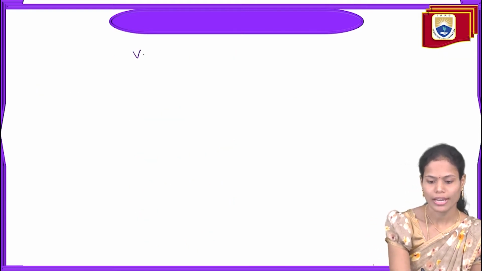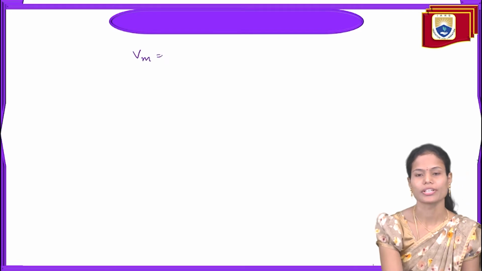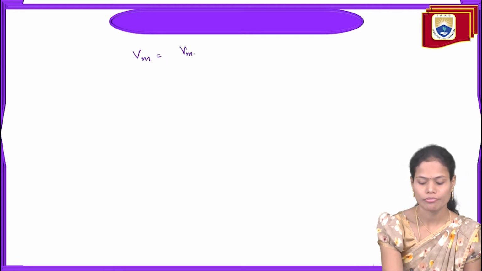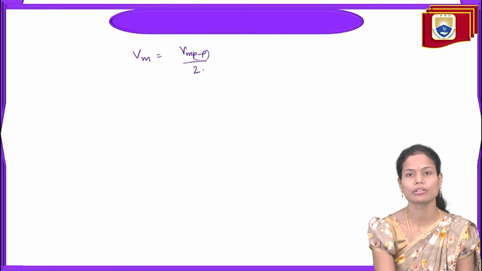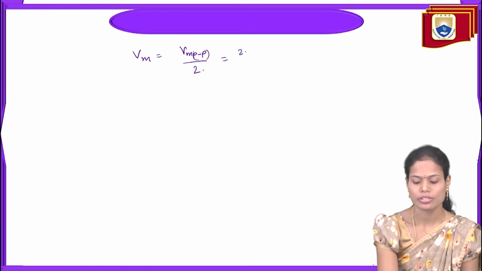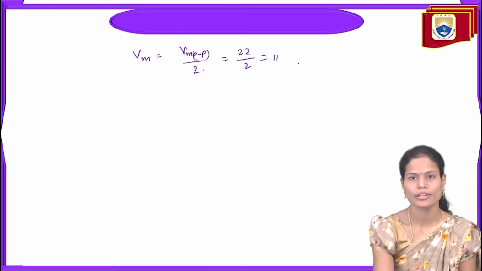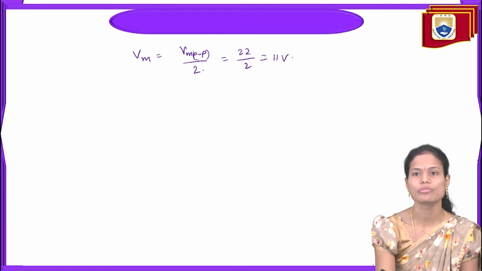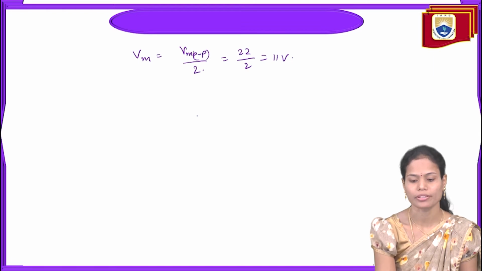First, I am calculating the maximum voltage: Vm is Vm peak-to-peak divided by 2. The peak-to-peak voltage is 22 volts, so it is 11 volts in the positive direction and 11 volts in the negative direction, plus or minus 11 volts, the maximum applied input signal for the power amplifier.